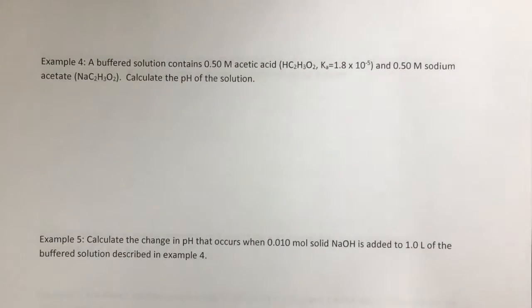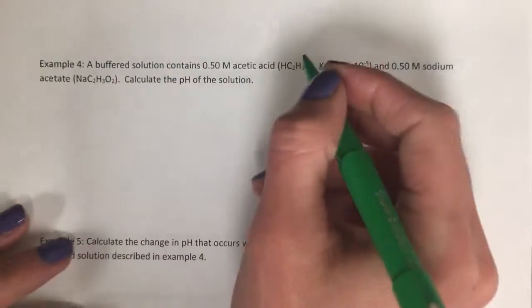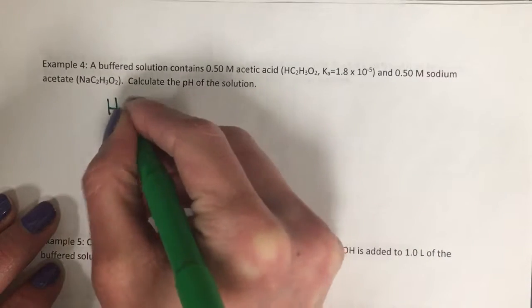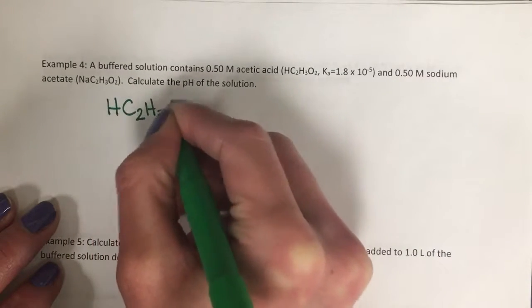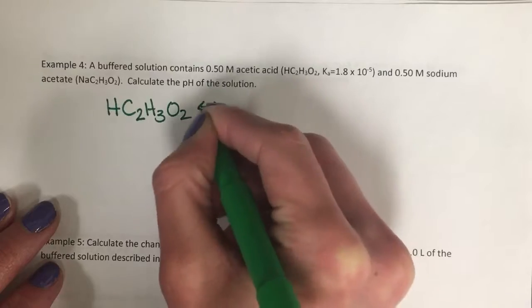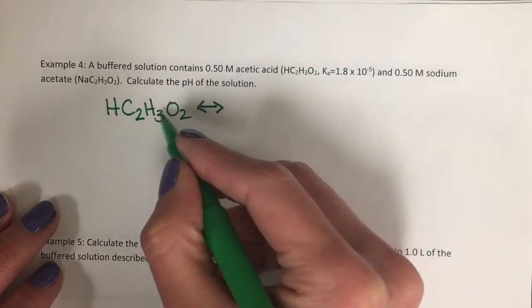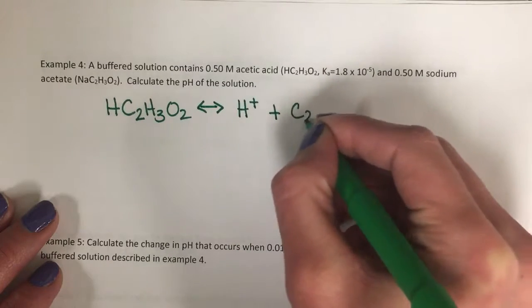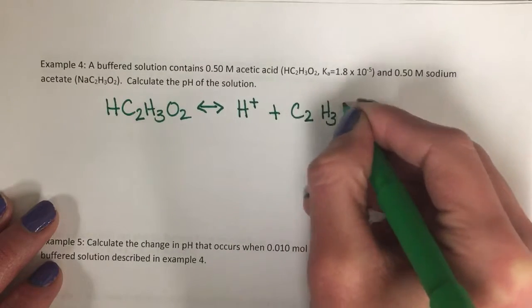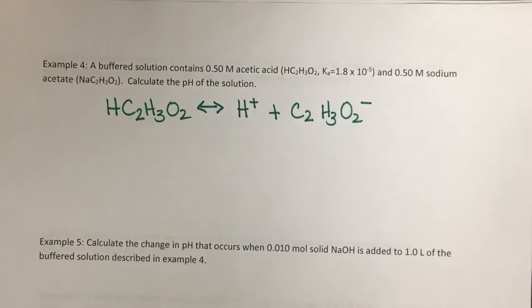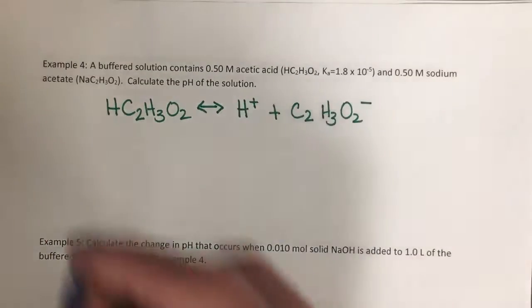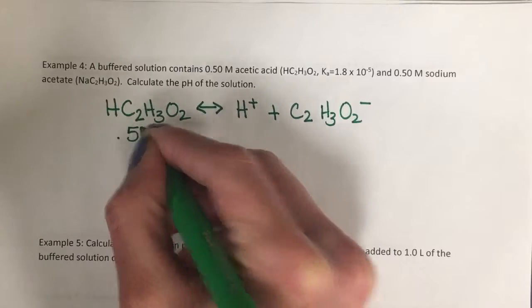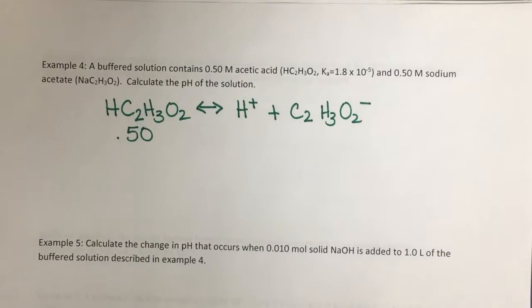So when I have a buffer, it works exactly like the problem I just solved, okay? So I've got acetic acid. It's a weak acid. In water, it's going to break up into H plus and C2H3O2 minus, the acetate ion. I initially have 0.50 molar acetic acid.